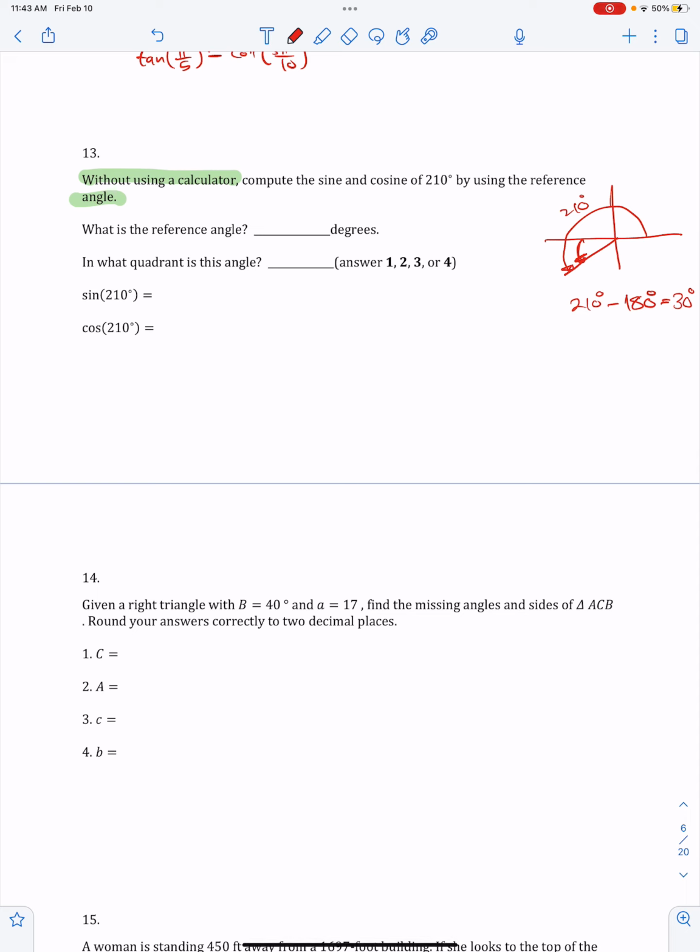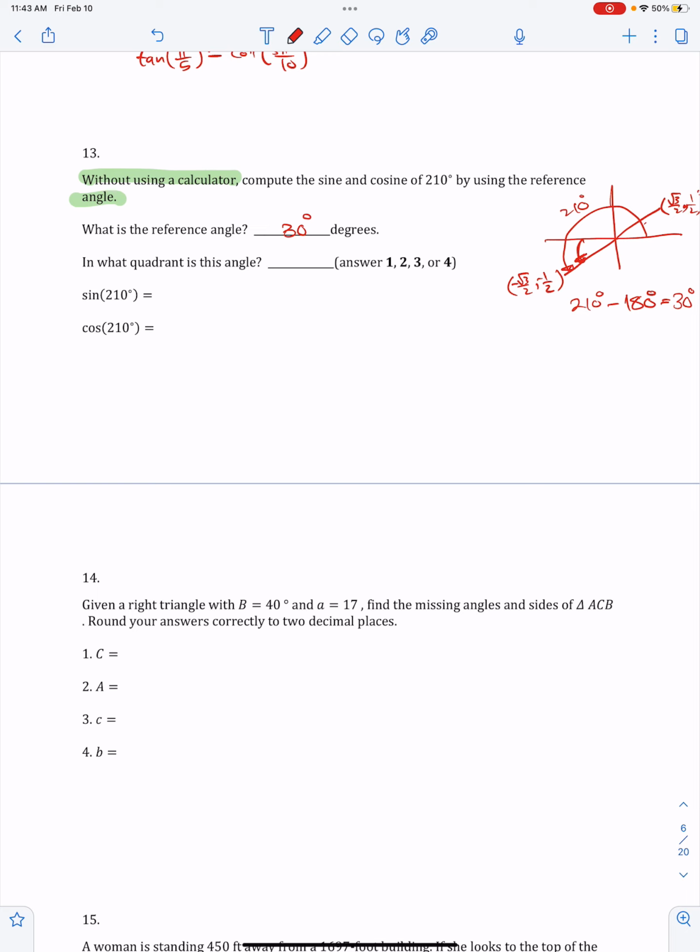Okay, so we're working with the same angle, 30 degrees, and remember this is square root of 3 over 2 and 1/2. In the third quadrant, both coordinates are going to be negative, so this is negative square root of 3 over 2 and negative 1/2. So the reference angle is 30 degrees.